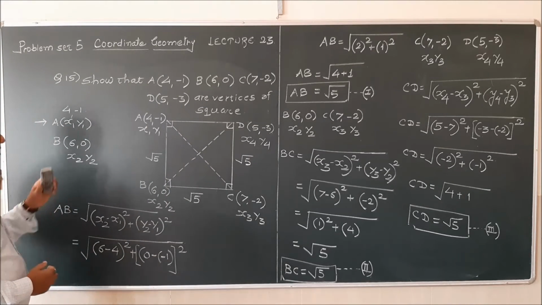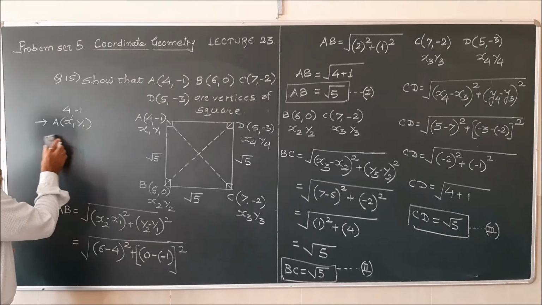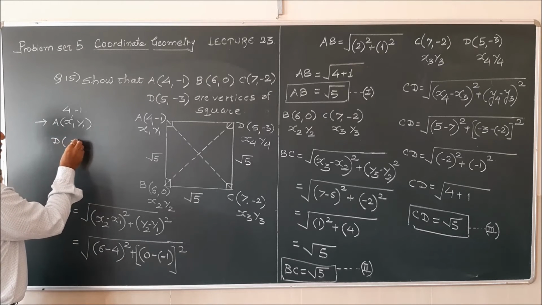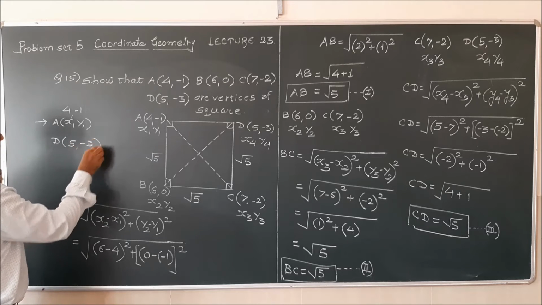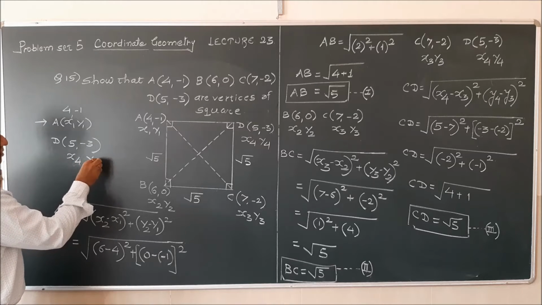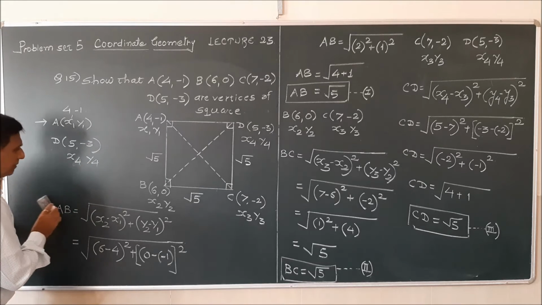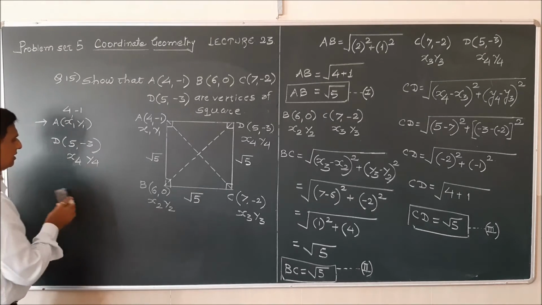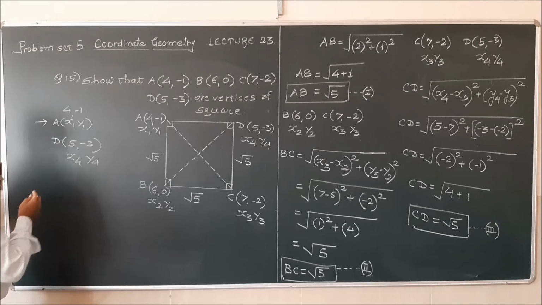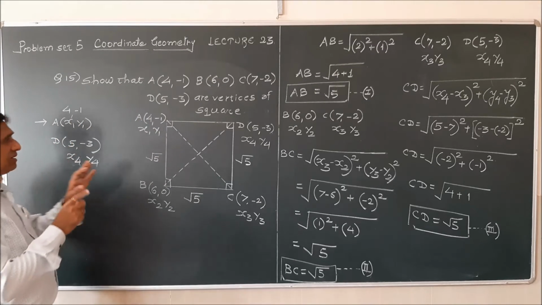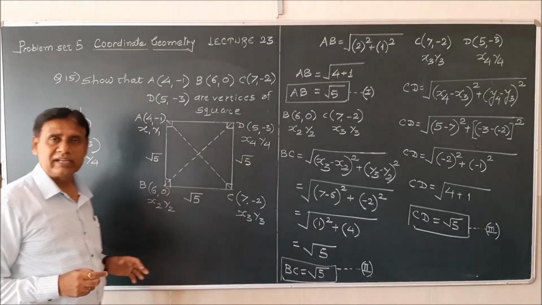Coordinates of A are 4 comma minus 1 and D is 5 comma minus 3, x4 y4. Now same way, but the only difference is here that coordinates of A are x1 y1, 4 comma minus 1, D 5 comma minus 3.